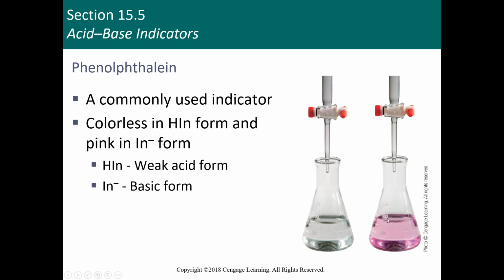When we reach the equivalence point, ideally, it should change color. This is our endpoint. Now again, it changes color and that is your endpoint. If you selected this indicator correctly and you're using it in a proper experiment, then this would also be very, very close to your equivalence point.